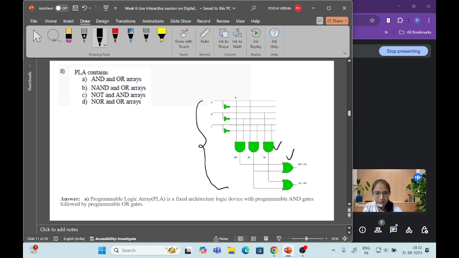So the first line is A, then A dash, then B, B dash, then C, and C dash. So if we want to take AB dash, we just need to cross mark it here, A, then B dash. You will get the AB dash. Here 2 is connected. If one line is connected, it is enough.